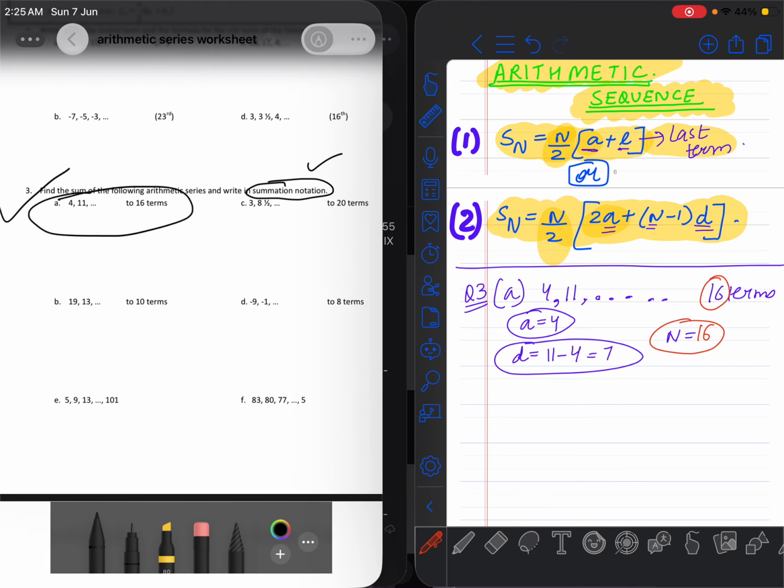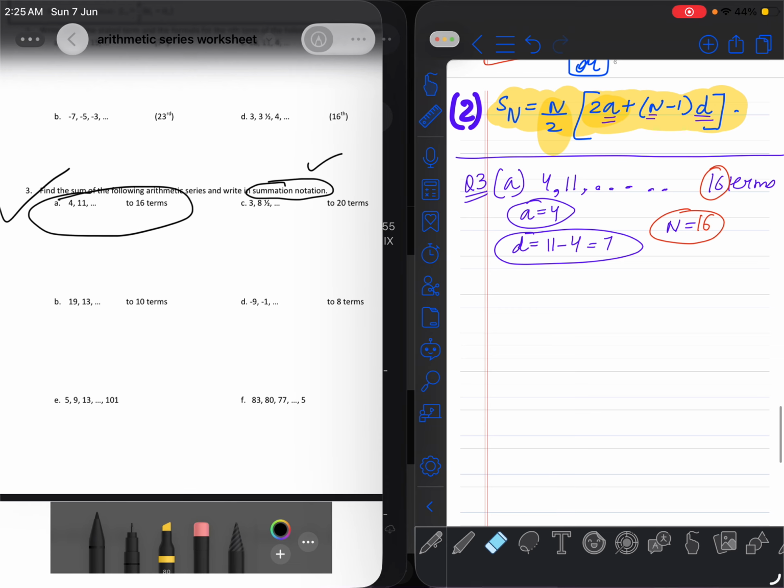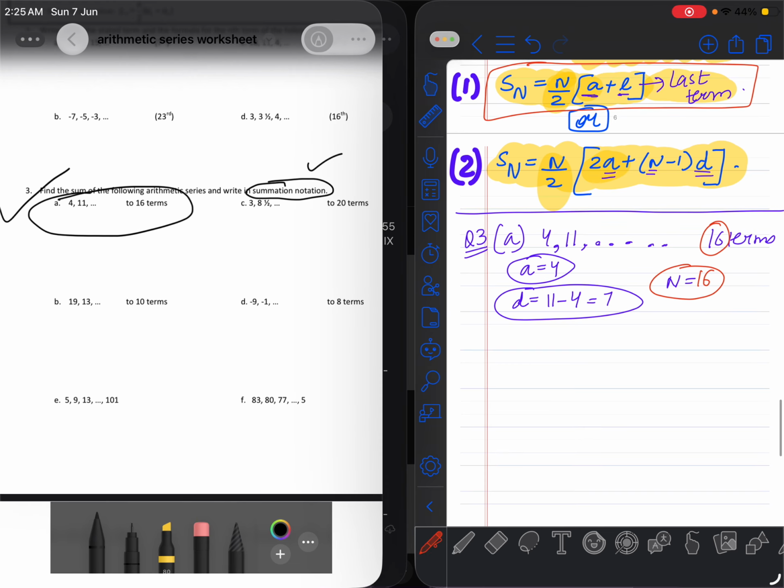We cannot use the first formula because we don't have the last term. So we write n by 2 into 2a plus n minus 1 d. n is 16, 2a is 2 into 4, plus 16 minus 1, d is 7.